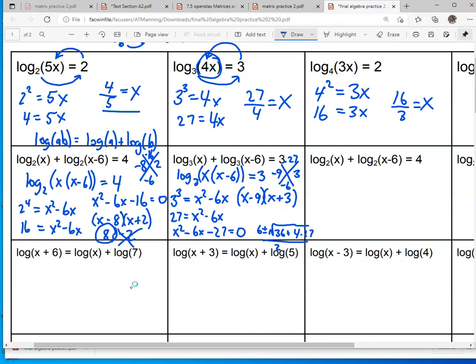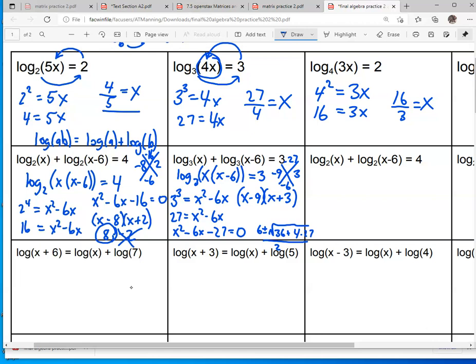Well, since I know the factoring, I know that that's going to come out to be a 9 or negative 3. 4 times 27 is 108, plus 36 is 144. Yeah, 144, the square root of that is 12.